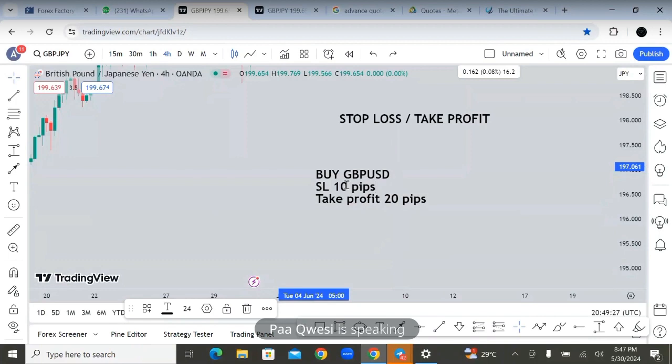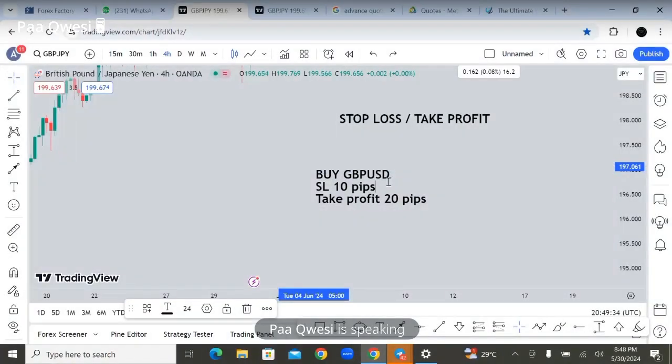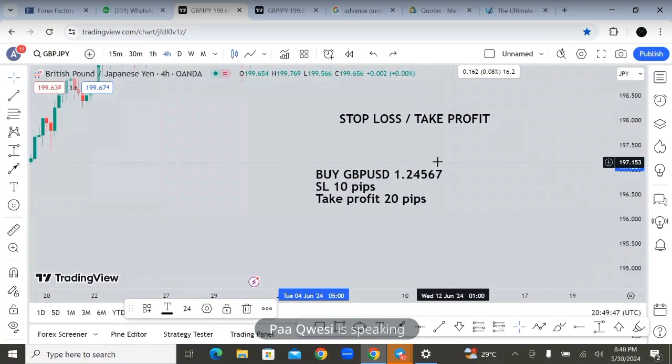So this is the instruction I've given you to execute. This is GBP USD, and let me give the current market price, 1.24368.